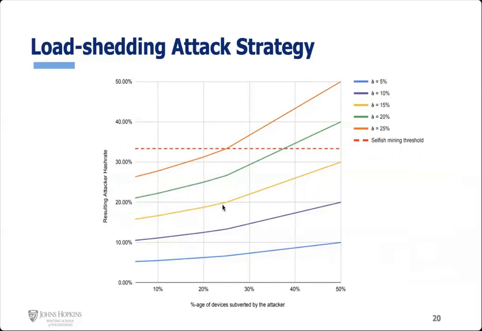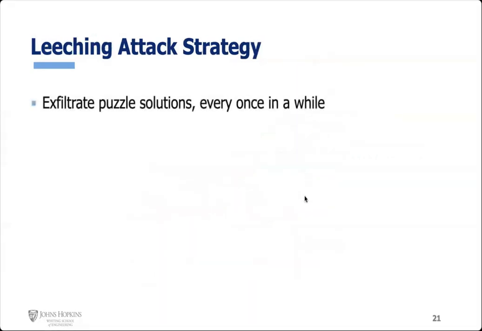So in our case, if you look at this graph and the green line, a manufacturer that manufactures more than 40% of the devices and controls over 20% of the hash rate. And as we saw in the graph before, the pie chart, there does exist one manufacturer that satisfies this criterion. That manufacturer will actually be able to cross the selfish mining threshold by using the load shedding mechanism.